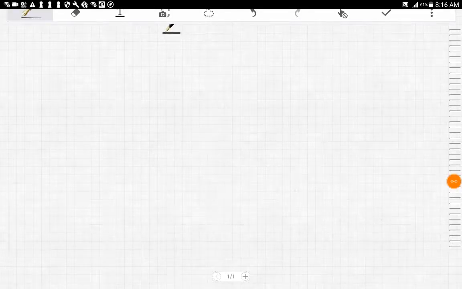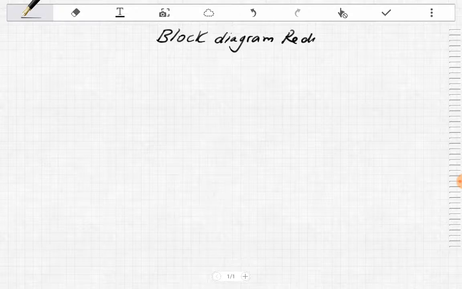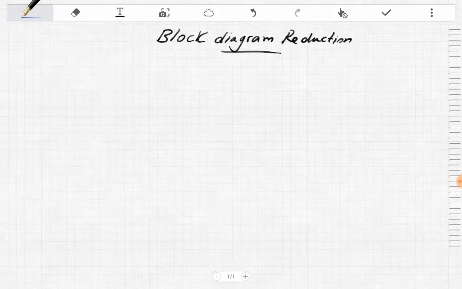So today we're going to have the block diagram reduction. First, what's a block diagram?